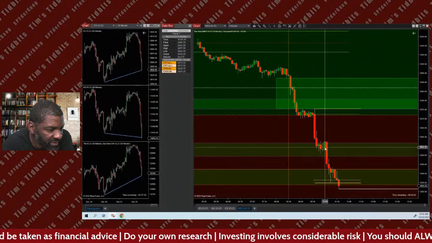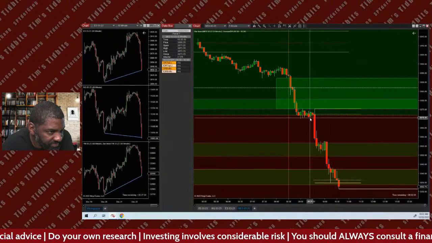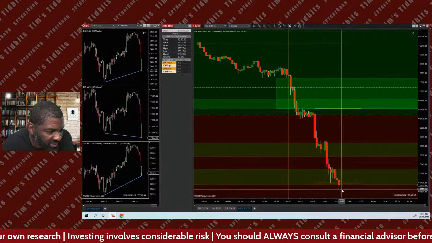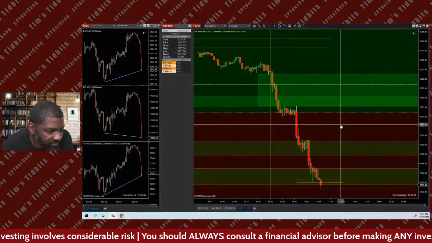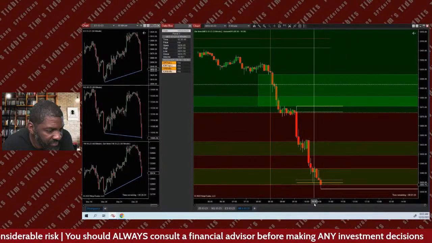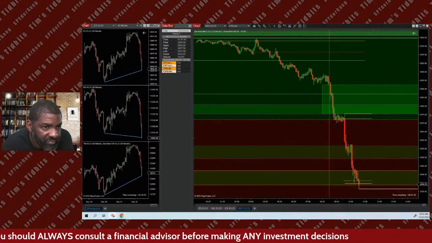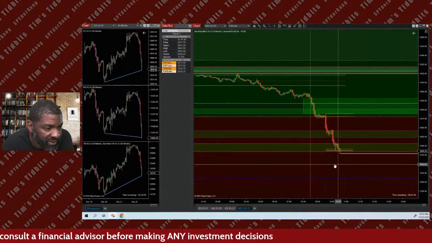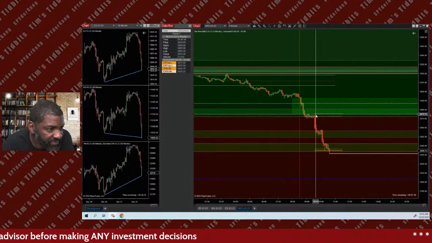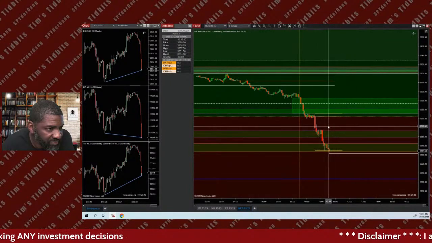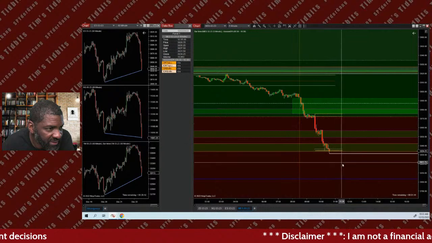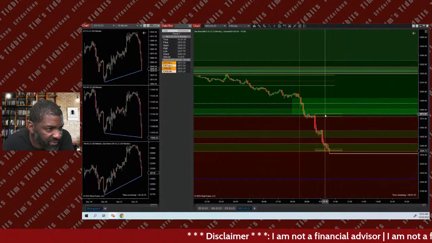Got a pretty big size range here. Real big size range. Got a huge range there. Can't really see it because I got so much going on my chart right now.